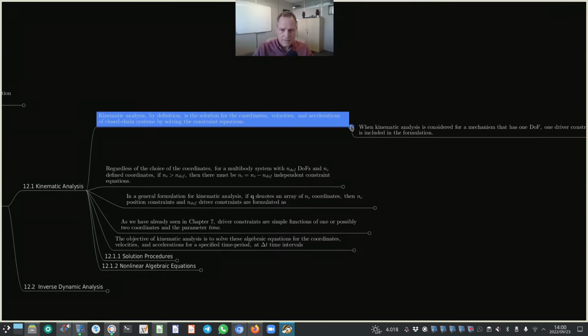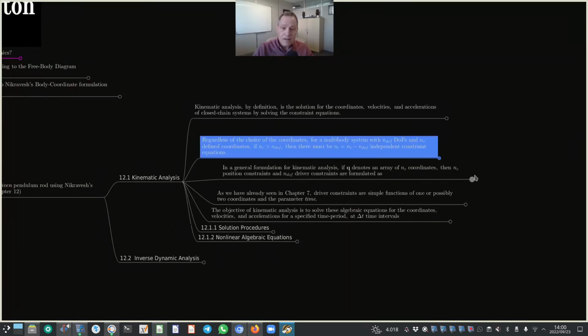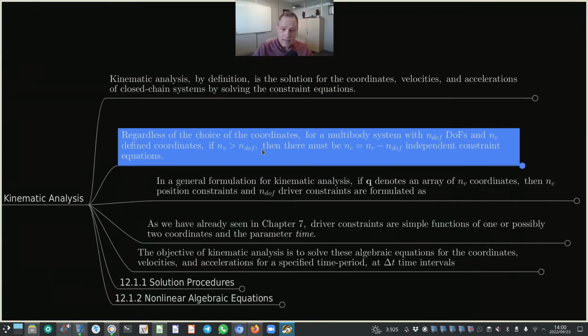The second line of thought is, regardless of the choice of coordinates for a multi-body system with n degrees of freedom and nv defined coordinates, if the number of defined coordinates nv is greater than the degrees of freedom, then there must be nc, which equals the number of coordinates minus the degrees of freedom, independent constraint equations.